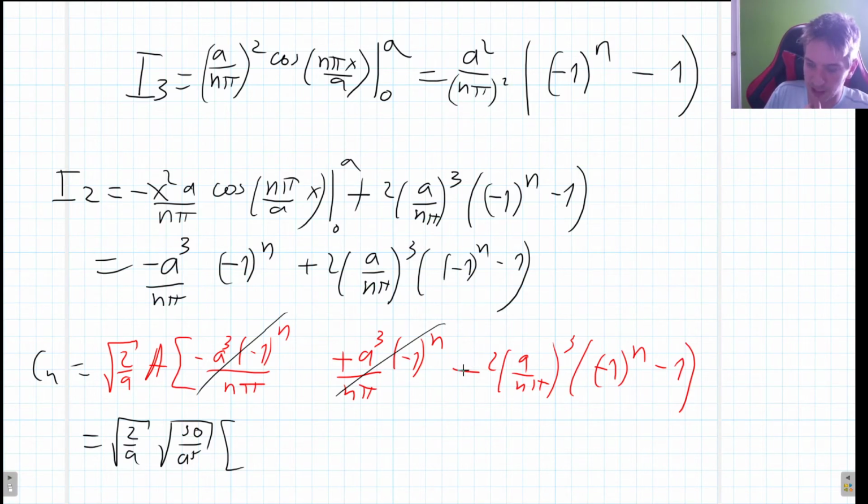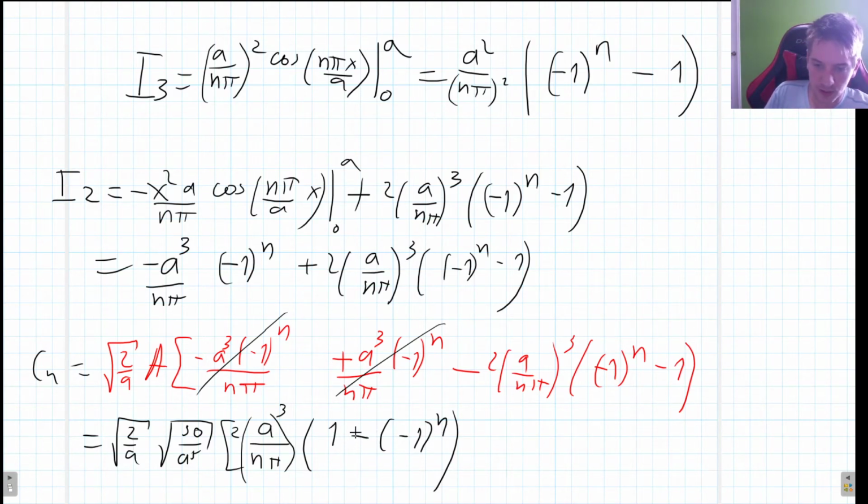We can put this minus sign into the parentheses here. So we just get a cubed divided by n pi. Well, all of this is cubed. And there's a 2 multiplying here. And now we have 1 minus 1 to the n, right? And that is because we put the minus sign into this. Okay, we're doing great.